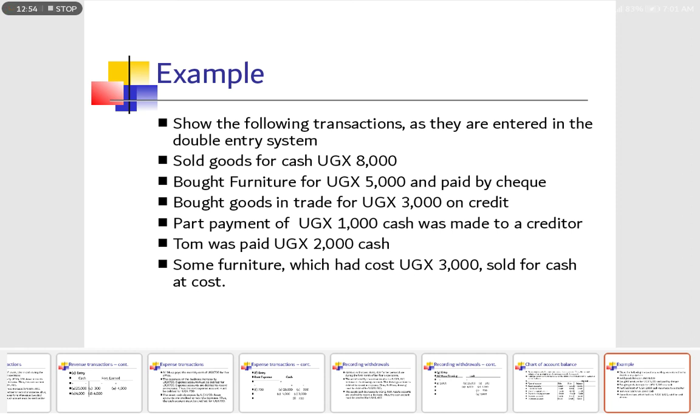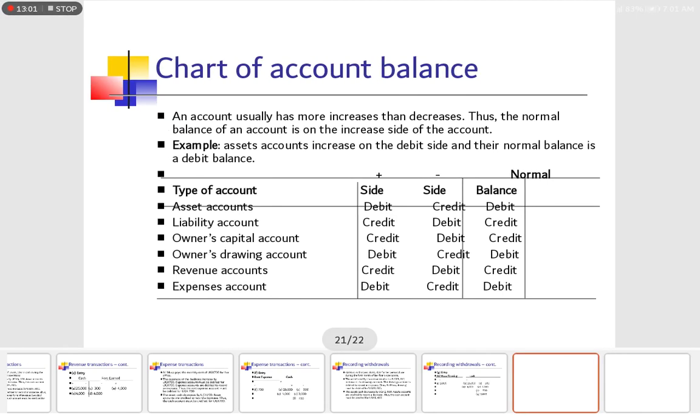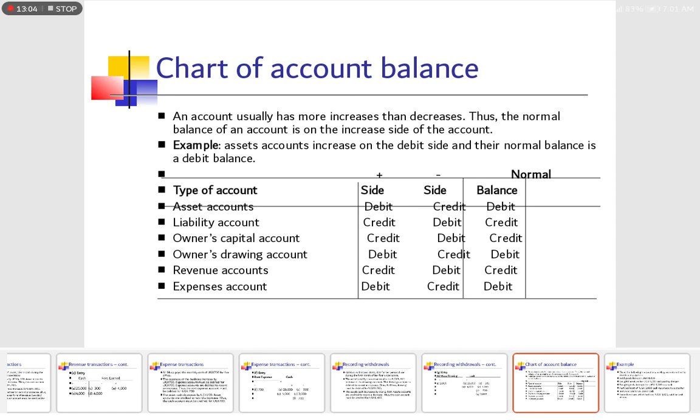So with that, this is an example which was given in class, which you can also carry on and try out. Let me try to summarize this. With the chart of account balance, some of you are asking about the normal balance of an account.